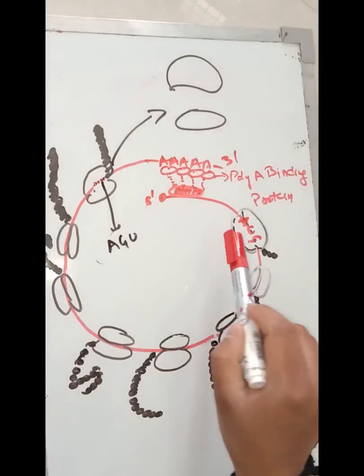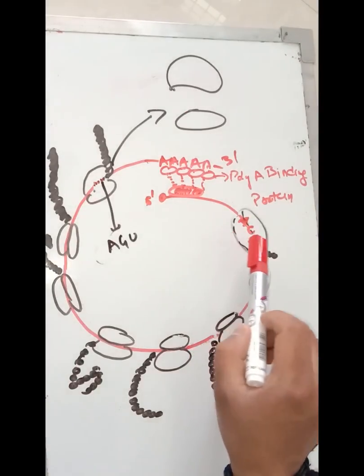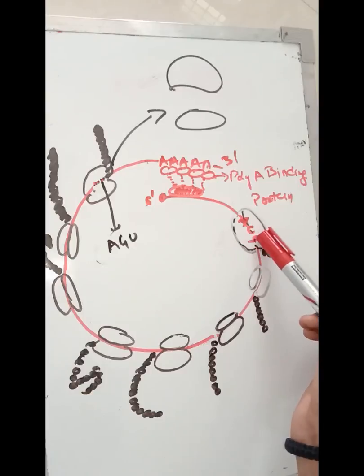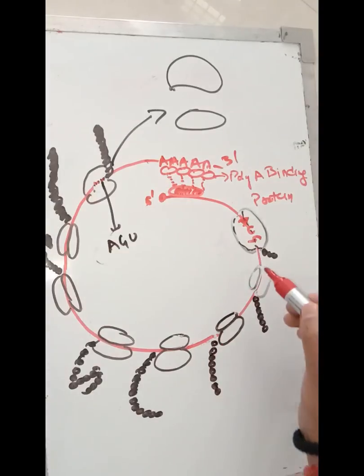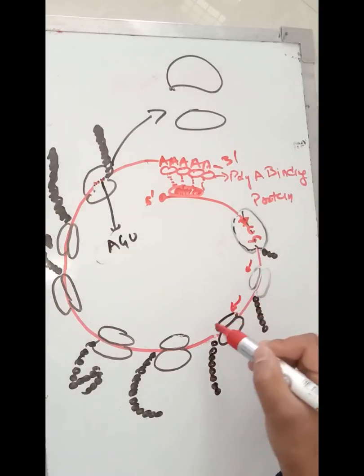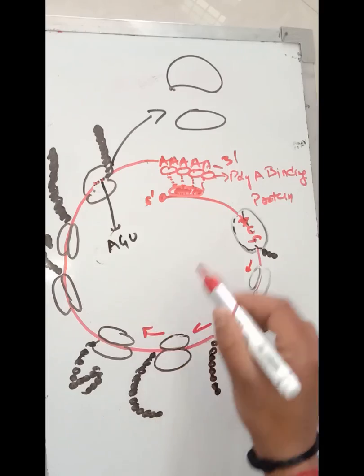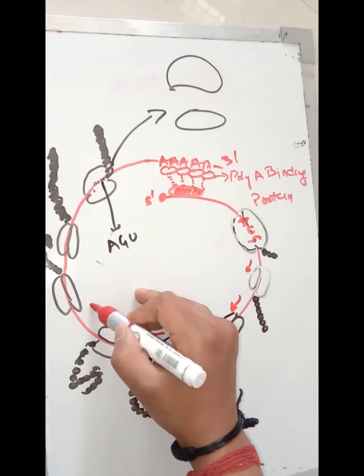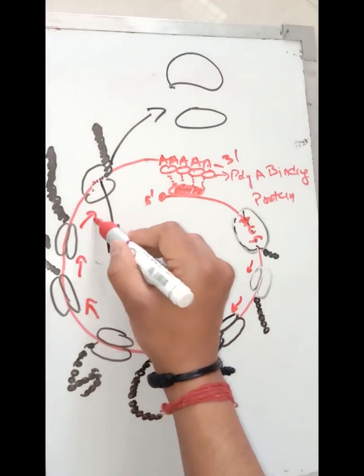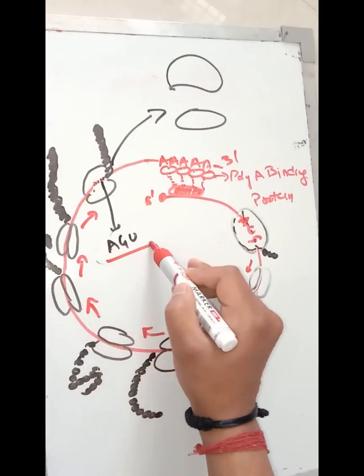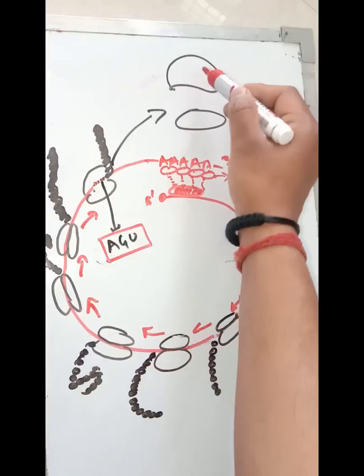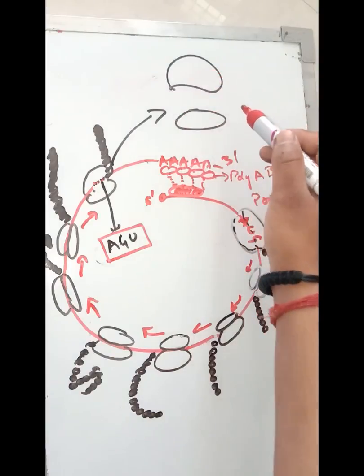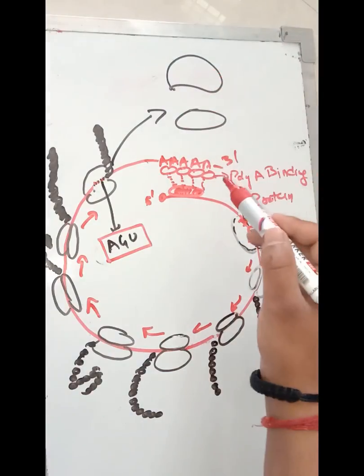Now suppose there's a start codon AUG to which the ribosome small and large subunits bind and start the translation process. So the process goes like this. The ribosome moves in the 5 to 3' direction. Once it recognizes a stop codon, the two subunits, large and small, get dissociated for a further round of translation.